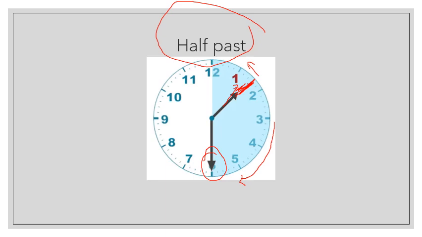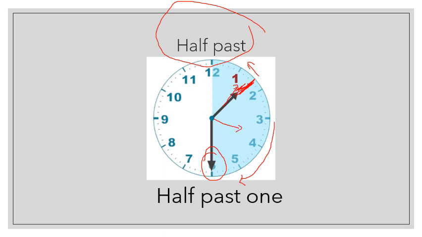Okay, for this one, in this scenario, the time now is 1:30. Maksud dia sekarang ini adalah pukul 1:30. Let's say if the short hand is pointed to here. Short hand pointed here.